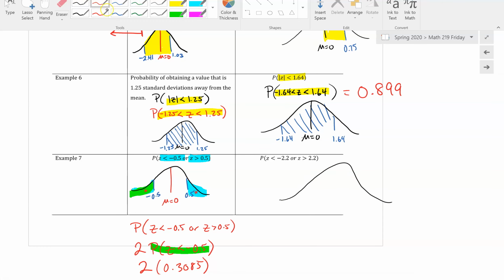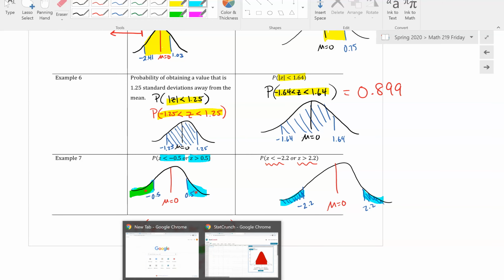And let's go ahead and do this last one here. I've got a mean of 0, and this time they're telling me to be left of that z-score or right of that z-score. So I want to be left of negative 2.2, and I want the area to the right of 2.2. I'm looking for that combined area there. You could do this two ways on StatCrunch.